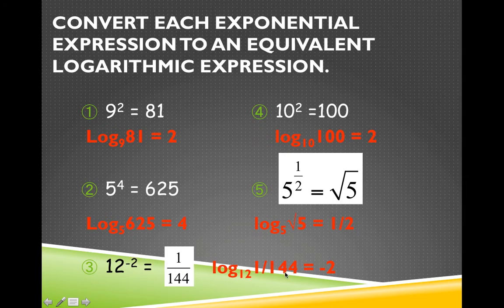Log base 10 of 100 equals 2. And log base 5 of the square root of 5 is equal to 1/2. In every case, the logarithm is equal to the exponent.